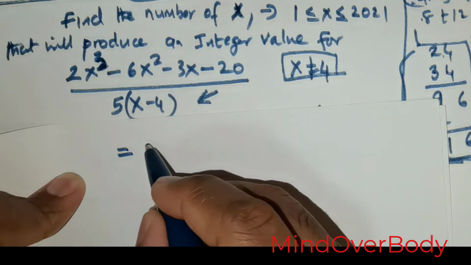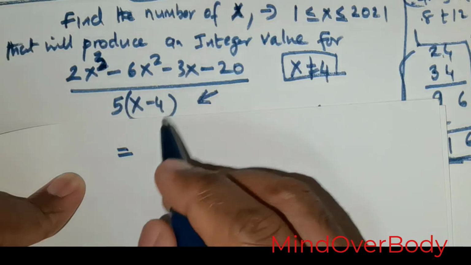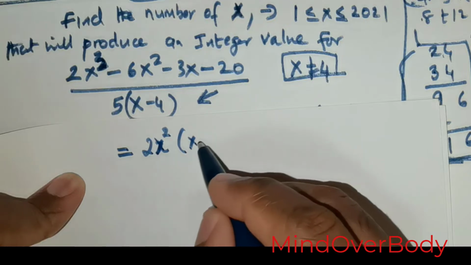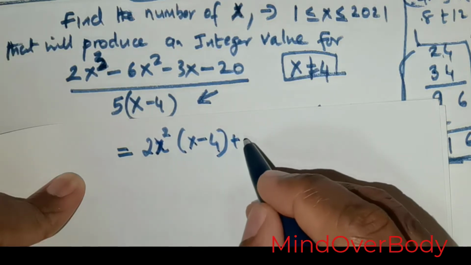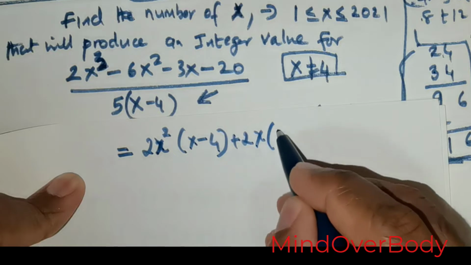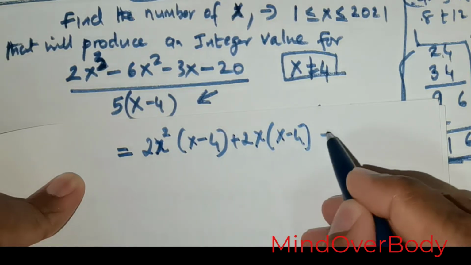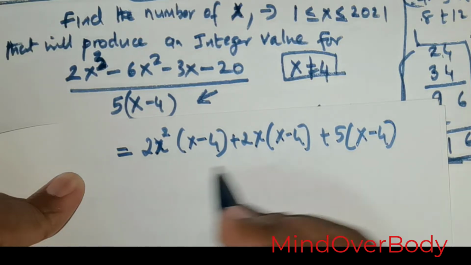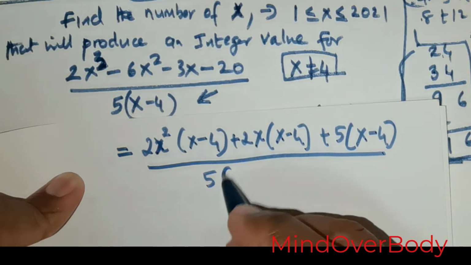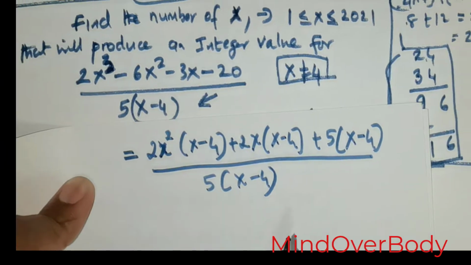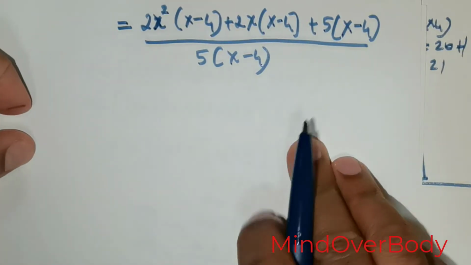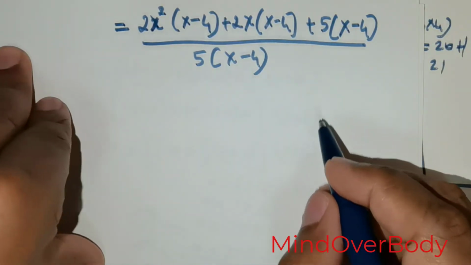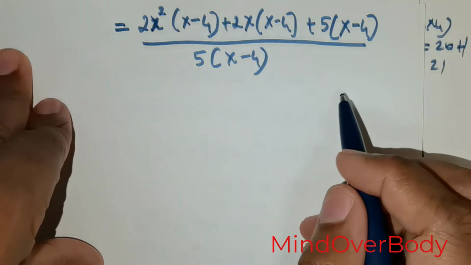So I'm going to rewrite the numerator as 2x²(x − 4) + 2(x − 4) + 5(x − 4), divided by 5(x − 4). Now you might be wondering, how did I figure this out? The simple answer is by practice and trial and error.